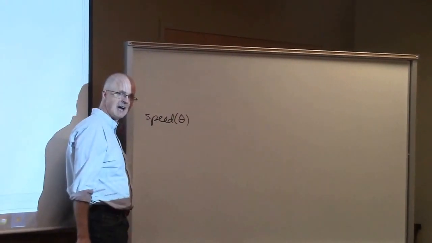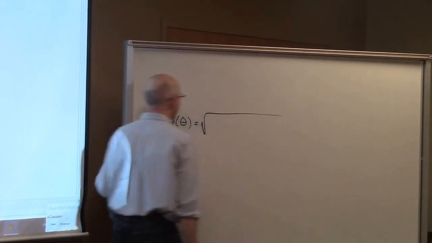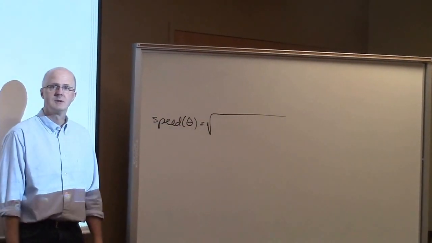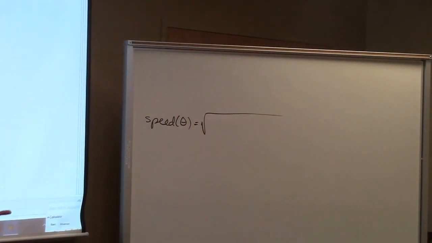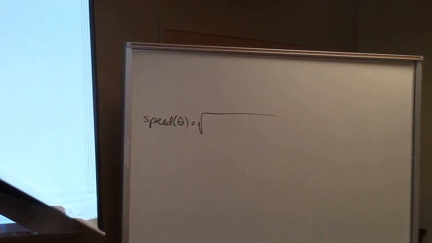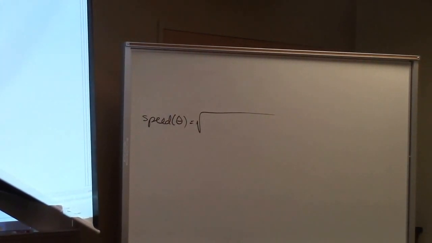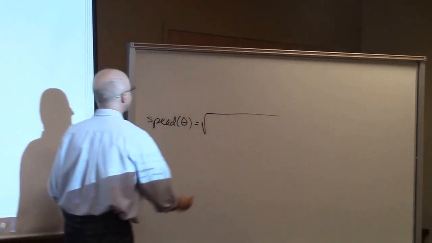You can imagine theta's time and an angle as well. And as usual, it'll be the square root of dx d theta squared plus dy d theta squared. The square root of the sum of the squares of the derivatives of these two things. That's how the book writes it.